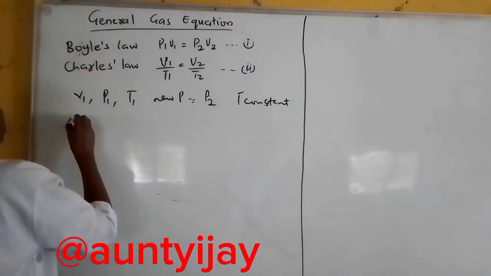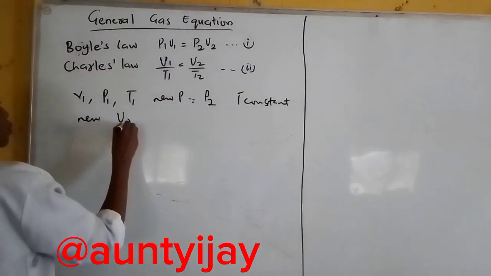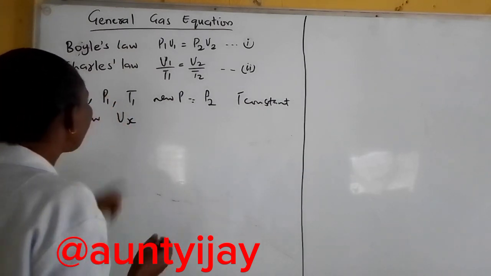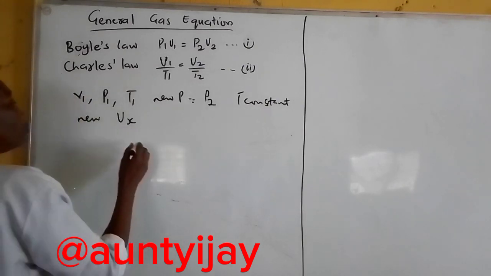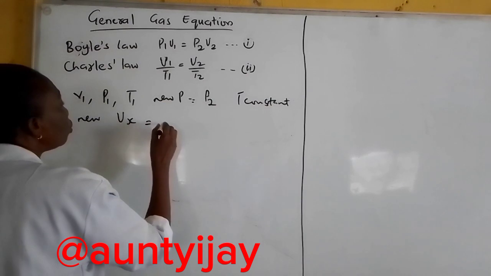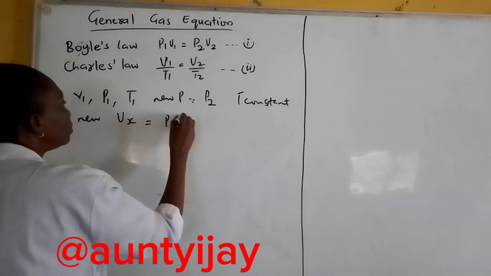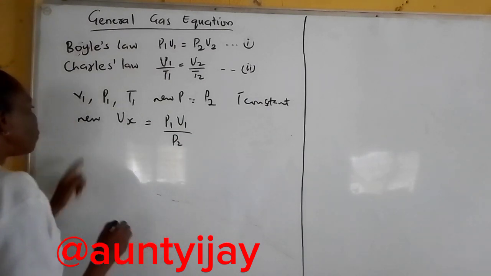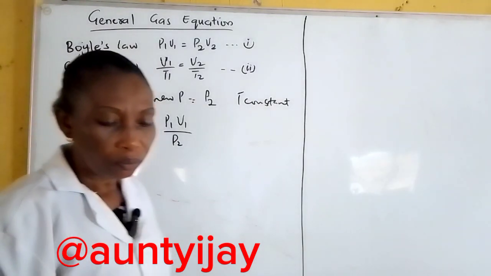Say the new volume is Vx. We derive the expression from Boyle's law, so our new volume Vx is equal to P1 V1 over P2.